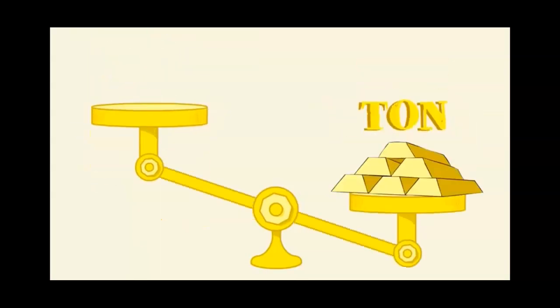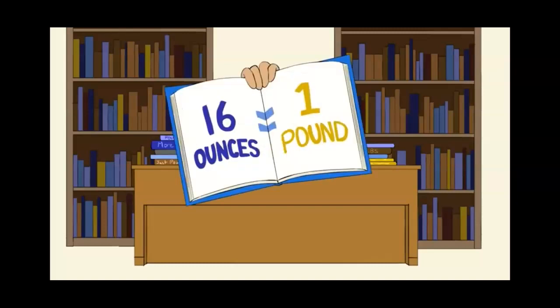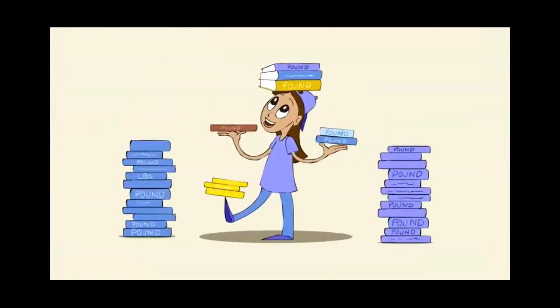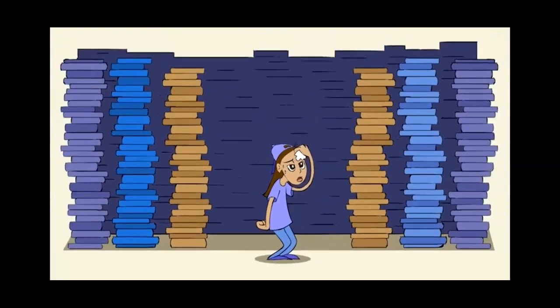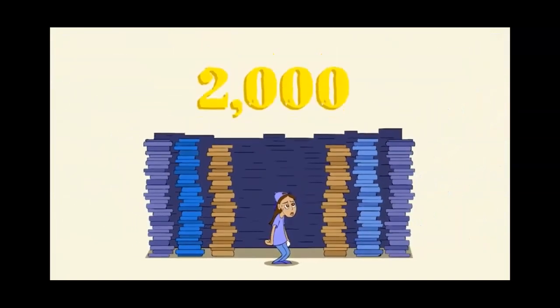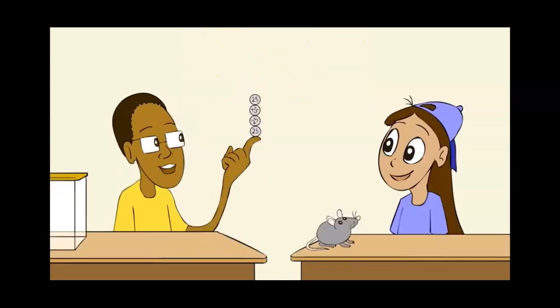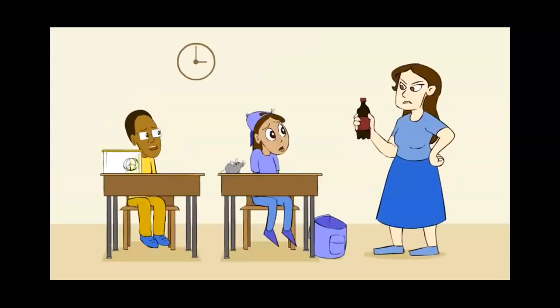2,000 pounds. 2,000 pounds. I looked up how many ounces were in a pound, and 16 ounces is what I found. Then I stacked up pounds till they weighed a ton, and it took 2,000 until I was done. Lots of things weigh about an ounce, like 4 quarters, or a friendly mouse. Lots of things weigh about a pound, like this bottle of soda that my teacher found.